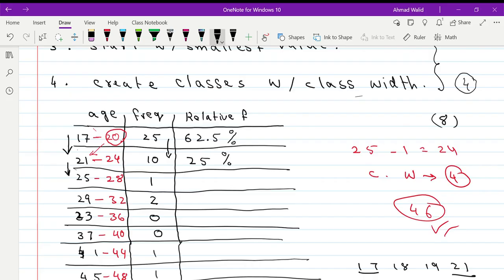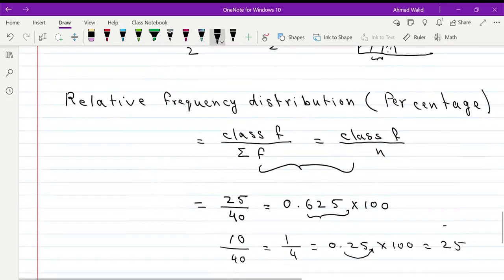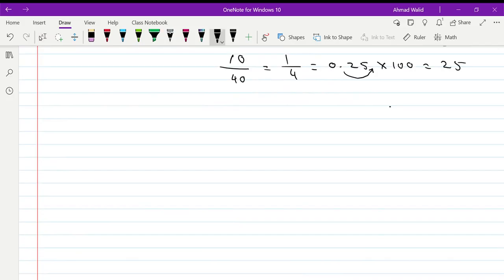Next class. 1 divided by 40 gives me what?